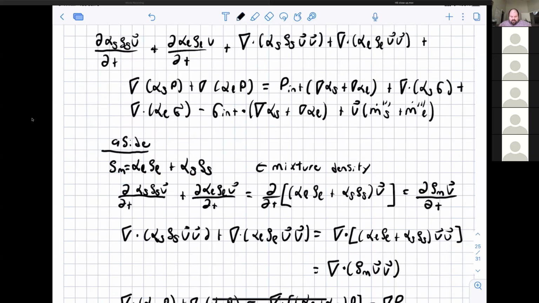Professor, if all the pressures are the same, would the interfacial pressure also just be equal to P as well? Yeah. Okay. But I'm also going to show later that the interfacial pressure doesn't matter what it is. Because what happens to this term right here?